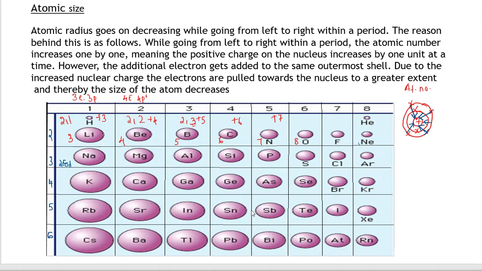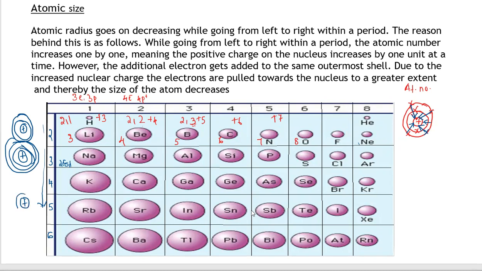So what do you see? From top to bottom, that means as we move from top to bottom in a group, the number of shells is increasing. Lithium consists of a nucleus, first shell, second shell. Now sodium: first shell, second shell, and one more shell is there. See the size. Now next, rubidium.